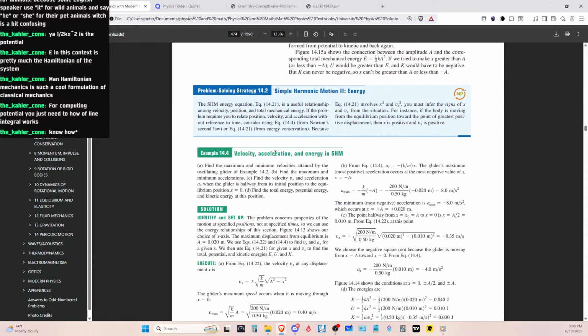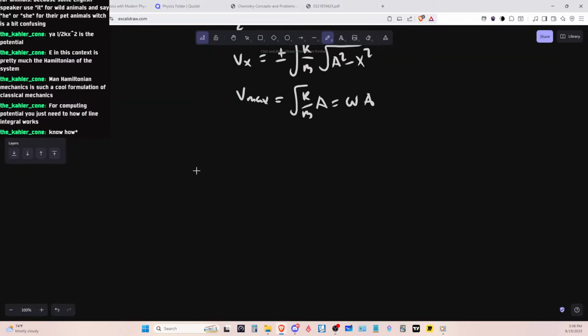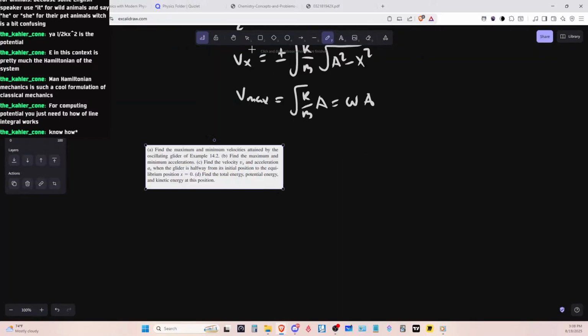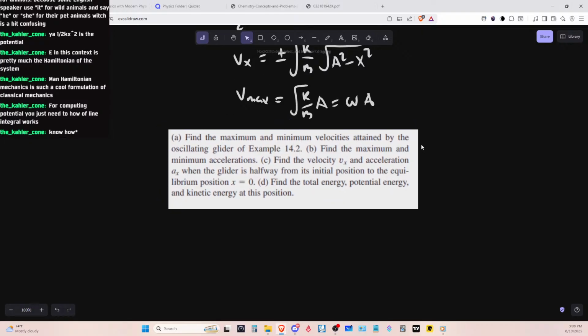Okay, so we're given another problem, so let's have a little fun. Paste, and oops, drag this, and then we'll bring this up here. Okay, so we're still given that same problem, so we're gonna have to rewrite everything.